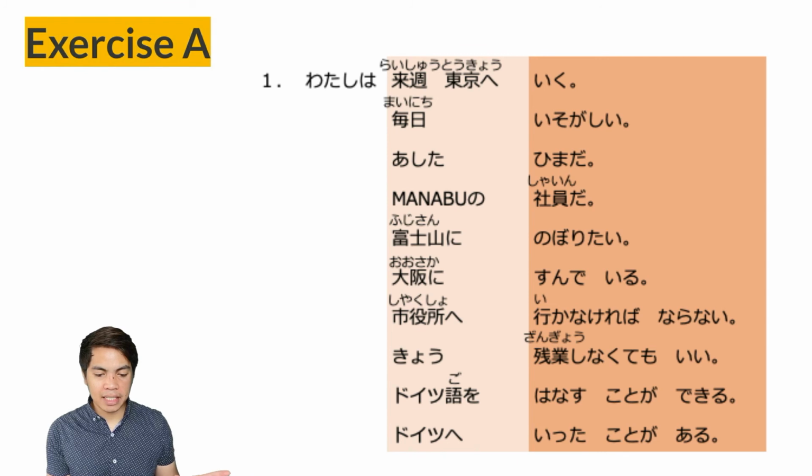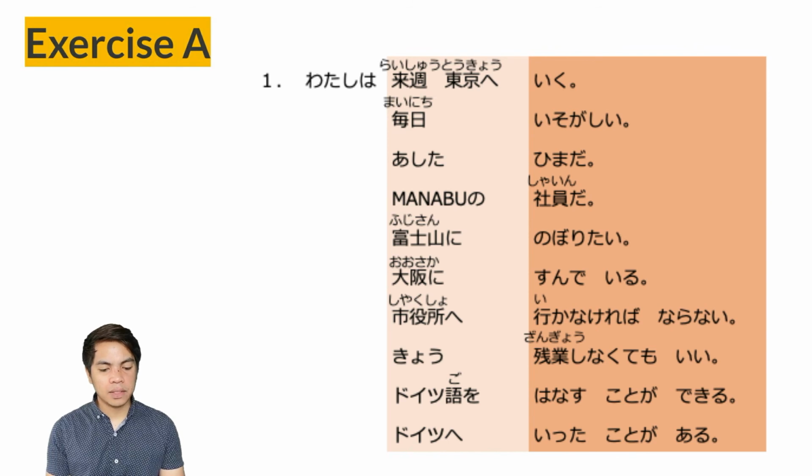So the plain style is sundeiru from sundeimasu. Next line, watashi wa shiyakusho e ikanakereba naranai. Shiyakusho e ikanakereba naranai. So from ikanakereba narimasen, so narimasen, naranai. I have to go to the city hall.